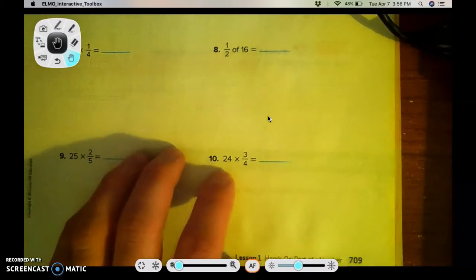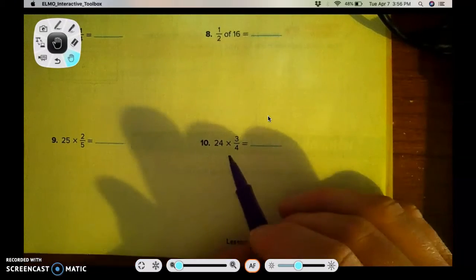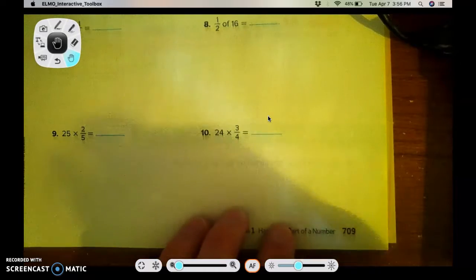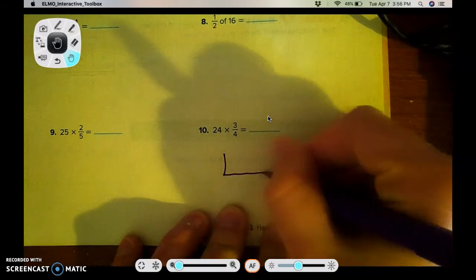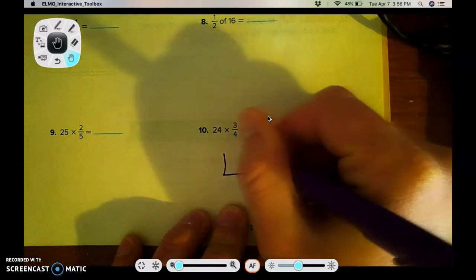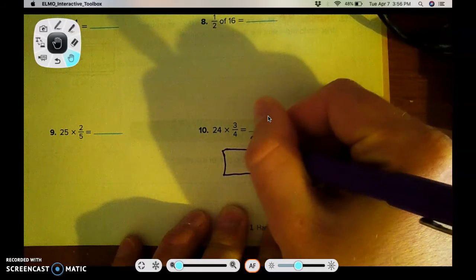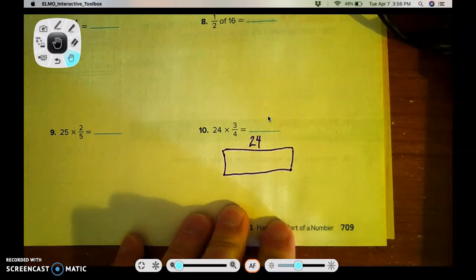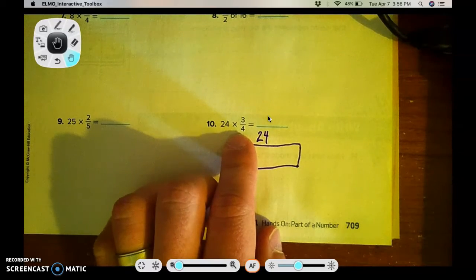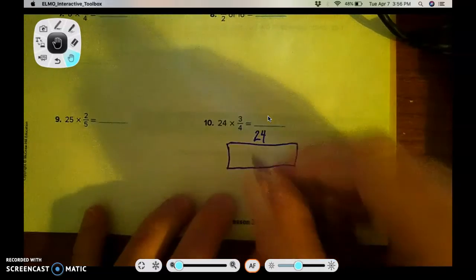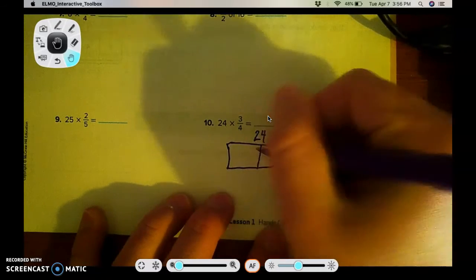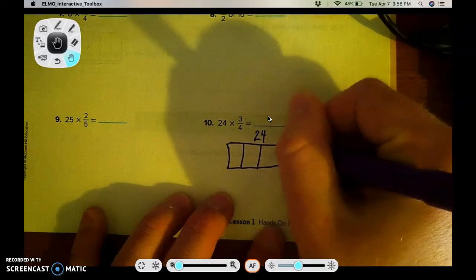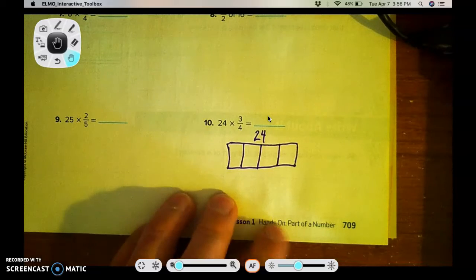Okay, try one more. 24 times 3/4. Again, I'm going to draw out 24, and I want to split it into 4 parts because I want fourths. So I'm going to split it into 4 equal parts. Half and then half again. So I have 4 equal parts.